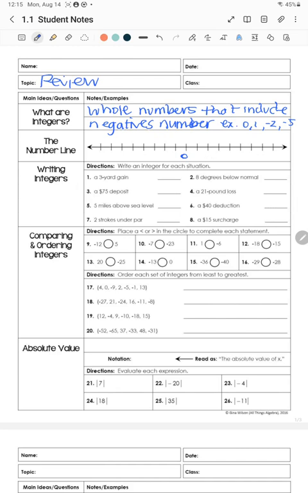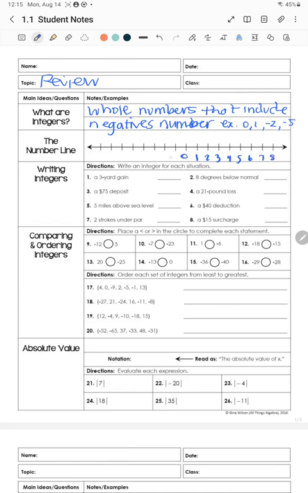Going to the right, the numbers increase, and going to the left, the numbers decrease. So we have 1, 2, 3, 4, 5, 6, 7, 8.